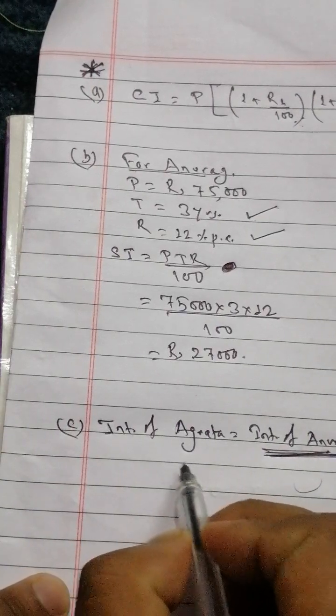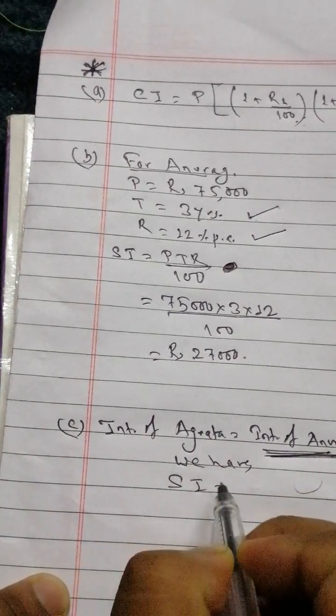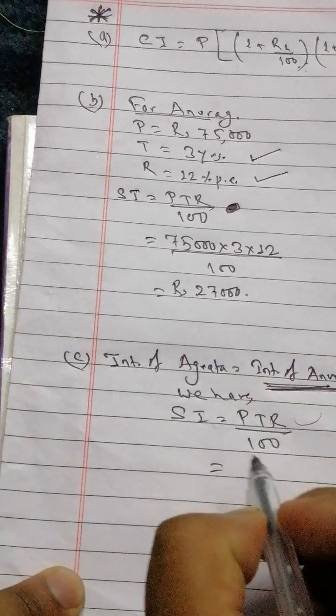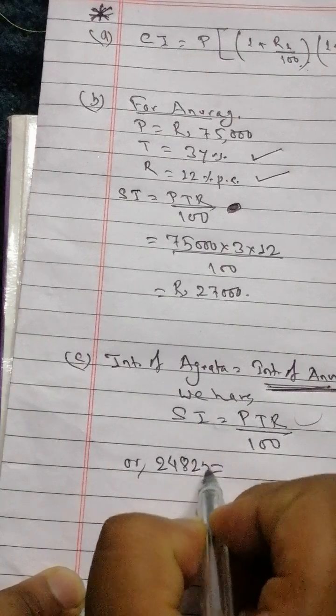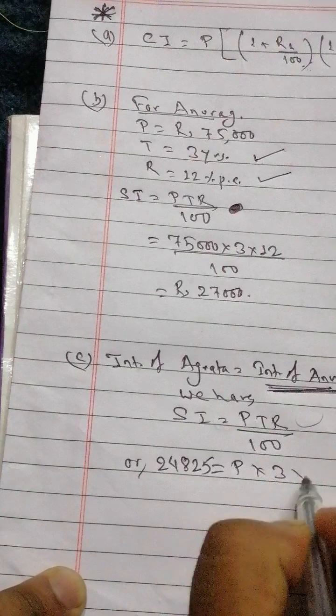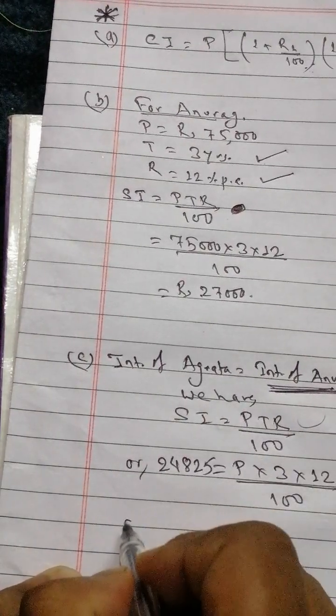So again we have SI is equals to PTR by 100. So SI we are keeping now 24,825. P into time 3 years into rate 12% by 100.